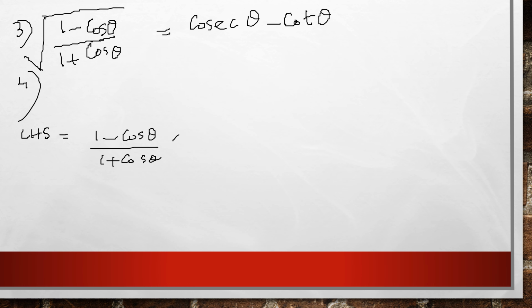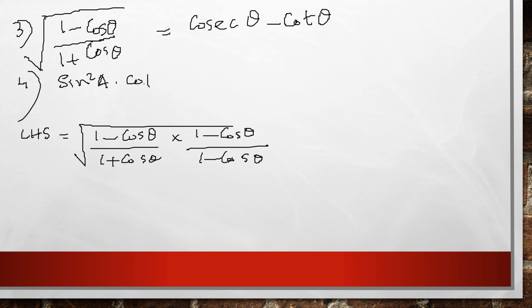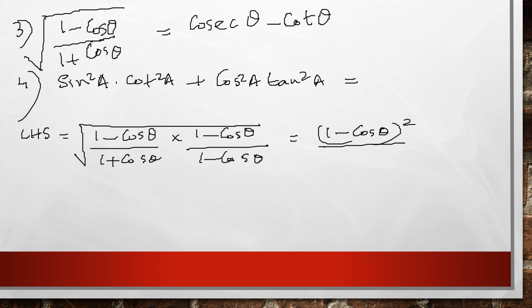Multiply by the conjugate means multiply by 1 minus cos theta by 1 minus cos theta, and everything inside the square root. So now the numerator is 1 minus cos theta into 1 minus cos theta, which is (1 minus cos theta) the whole square. And in the denominator we have 1 plus cos theta into 1 minus cos theta, that is our identity, 1 minus cos square theta. Remember, everything is inside the square root.